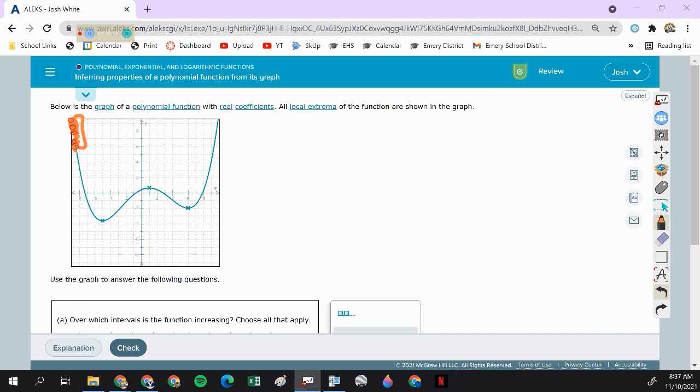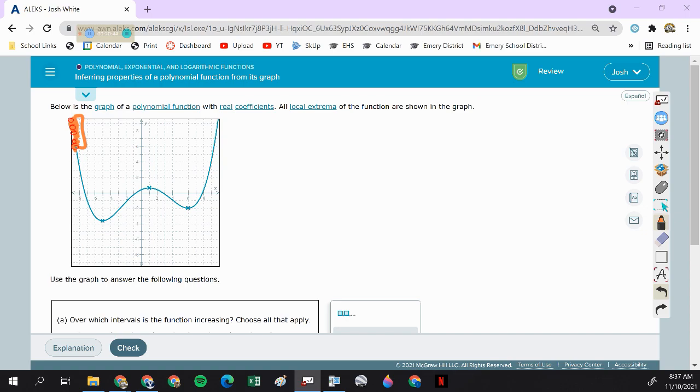So we want to pay attention to things like, is the roller coaster going downhill? Is it going uphill? Is it flat? What's the highest it reaches? What's the lowest it reaches? That kind of thing. So when we start, the roller coaster is obviously going downhill, right? Are there any other places where the roller coaster is going downhill?